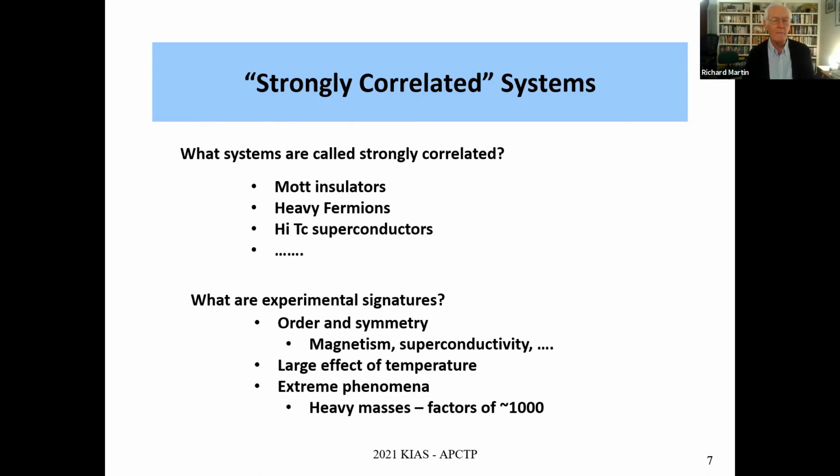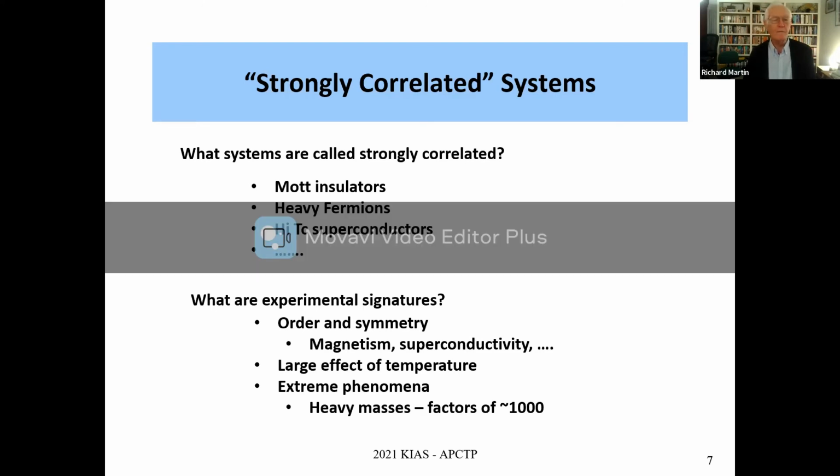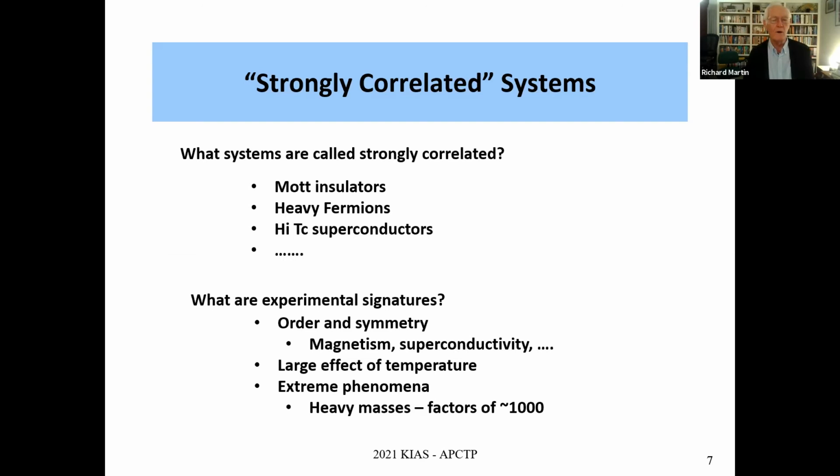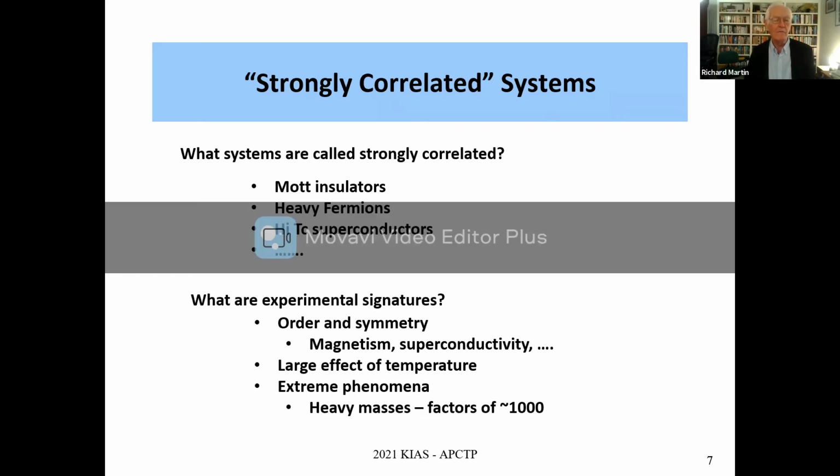But then there's a question whether that necessarily means that they're strongly correlated or not. In general, these so-called strongly correlated systems have large effects of temperature because they have a low energy scale, and you can change between one state and another with little energy, which is why they're so interesting and useful.